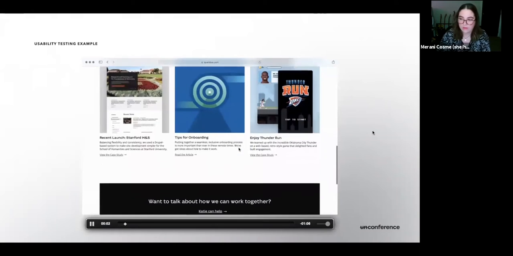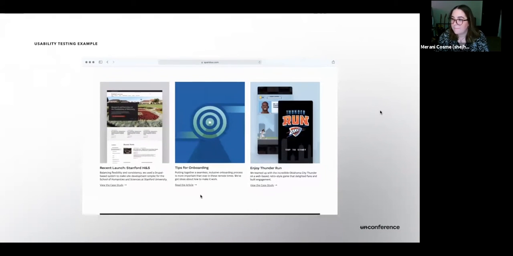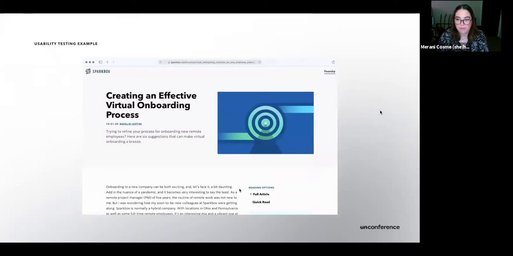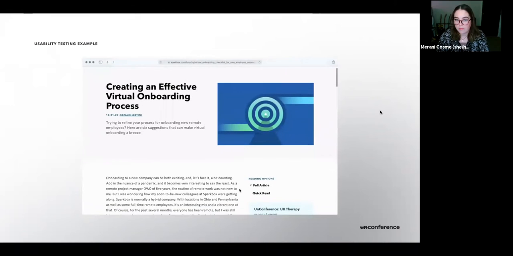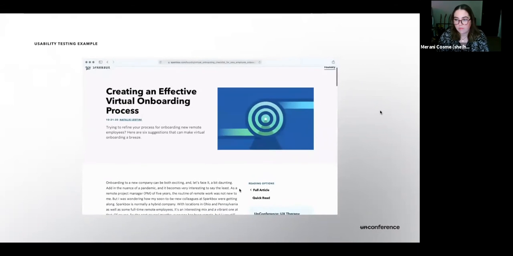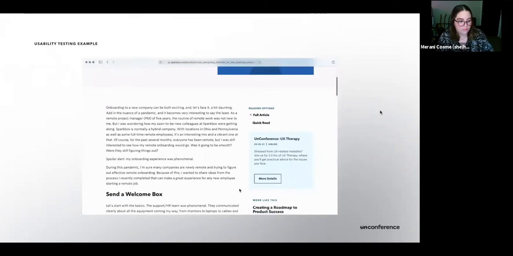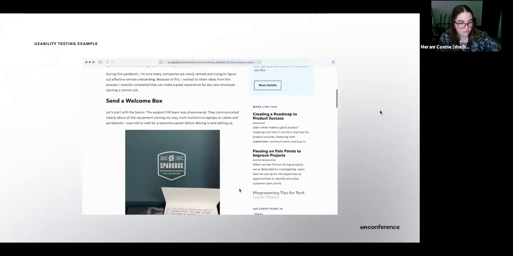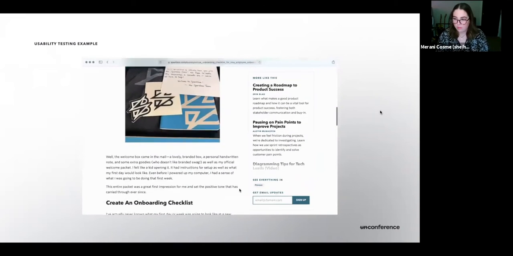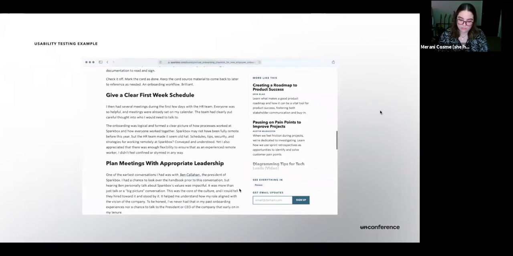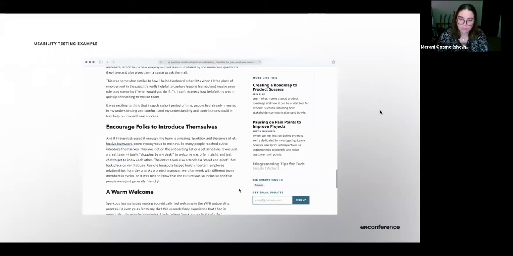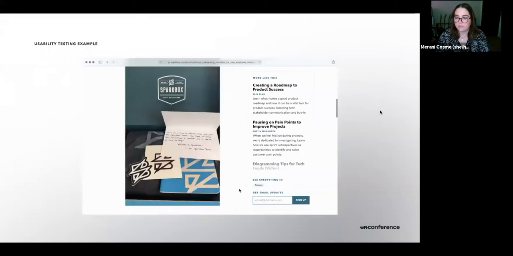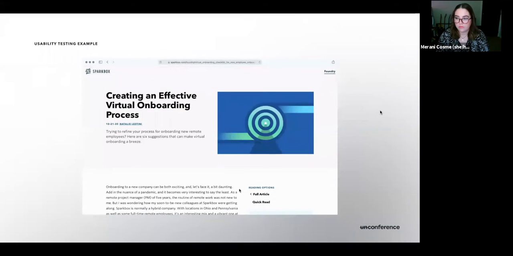Okay. So if I'm looking through here, the first thing I see is read the article. So I can go to that. And creating an effective virtual onboarding process. Okay, so this is not looking at a development thing. I don't see a way to get on back.